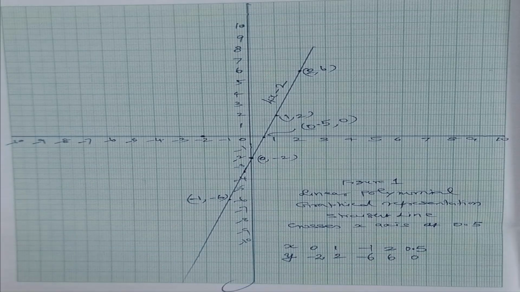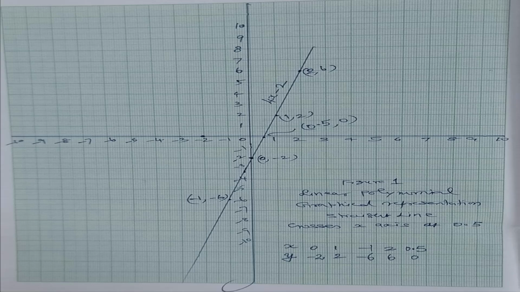Now let us look at the linear polynomial graphical representation in the slide shown above. The linear polynomial, we take here 4x minus 2. So if we give the value of 0 to x, then y becomes minus 2.